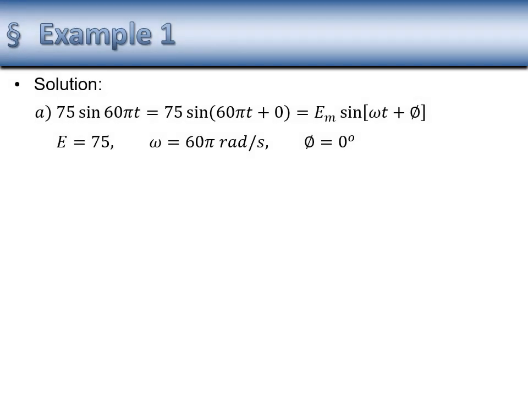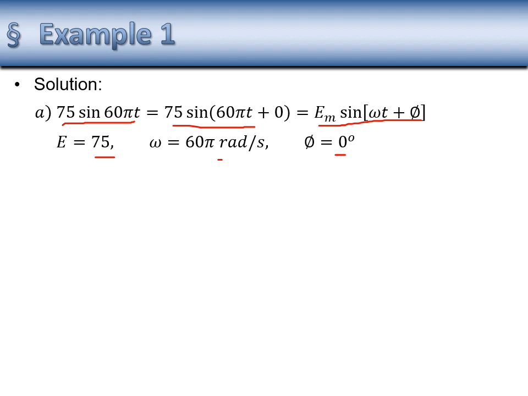For letter A, we put it in a form similar to the general form that we discussed a while ago, and we simply compare. We can conclude that our amplitude here is 75, omega is 60 pi radians per second, and the phase angle is 0.